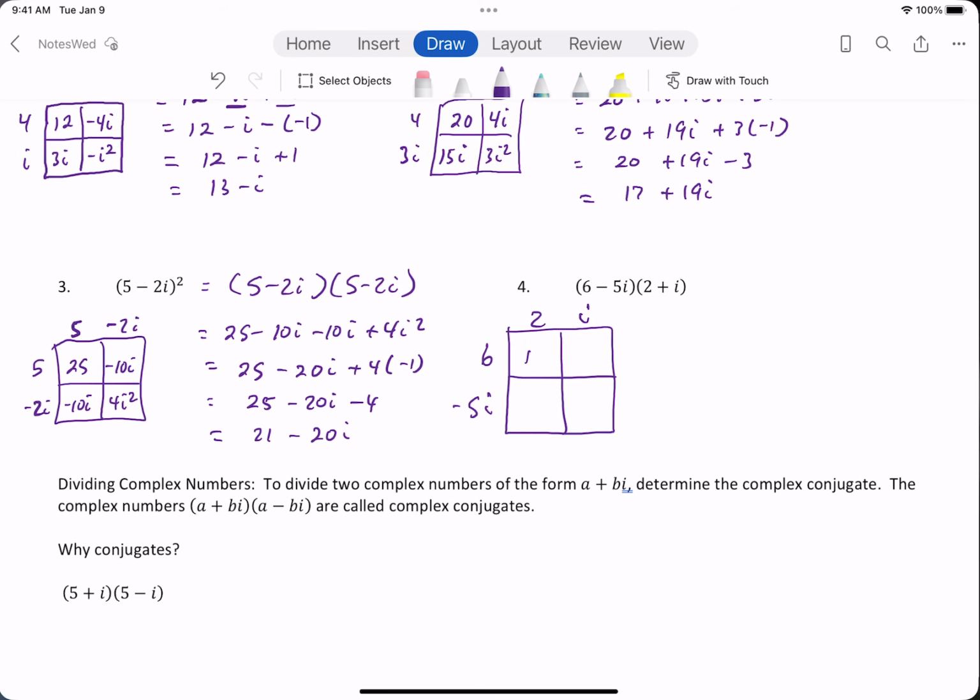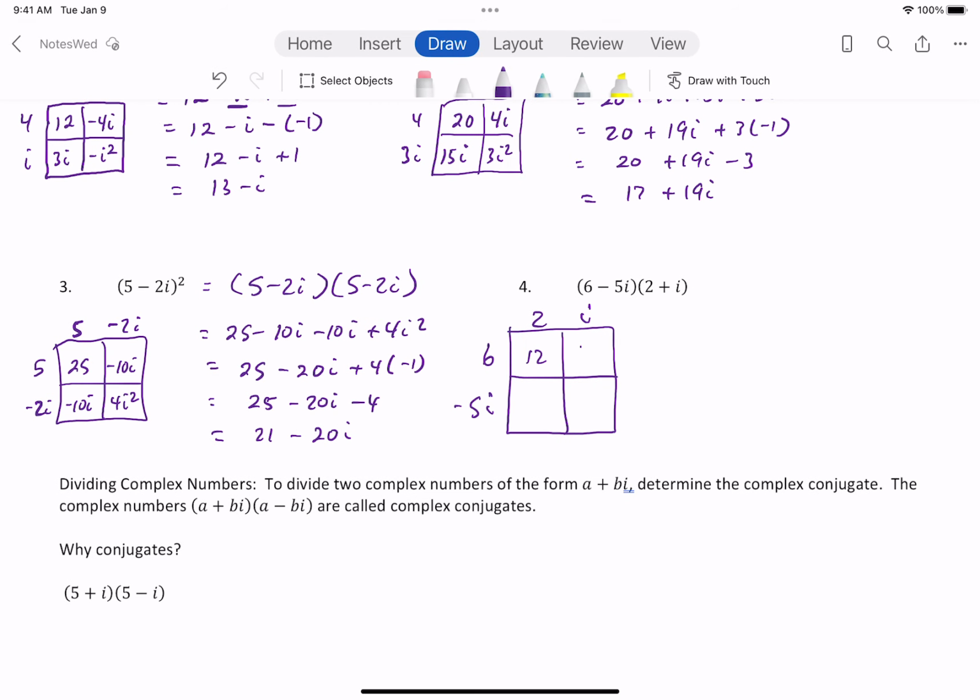So we get 2 times 6 is 12, 6 times i is 6i, negative 5i times 2 is negative 10i, and negative 5i times i is negative 5i squared. So if I bring my terms over, if I have 6i minus 10i, that's negative 4i.